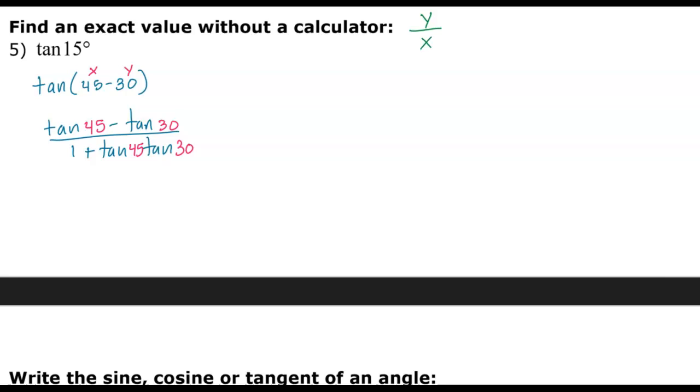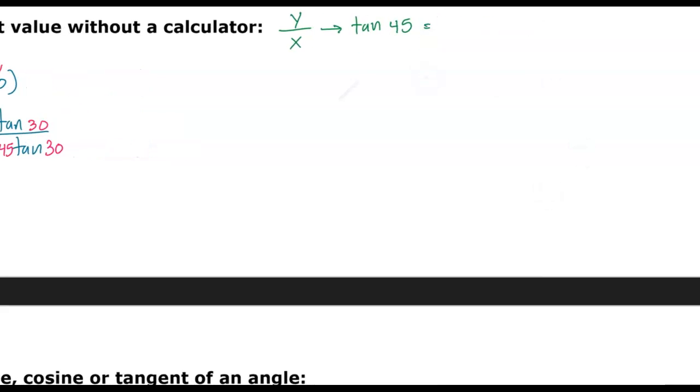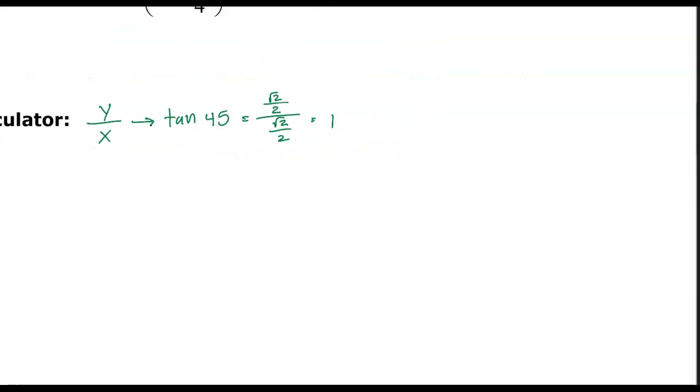So, let's preemptively, before we start this, find the tangent of 45. What is our sine value, our y value at 45? Root 2 over 2. Over, what's our x or cosine value? And what does that simplify to? 1. That one's easy peasy.